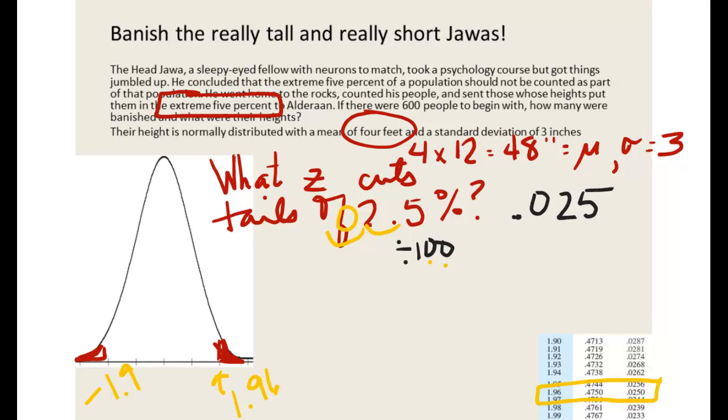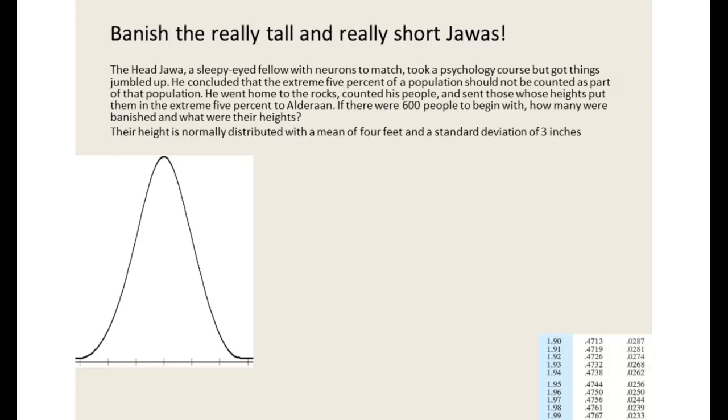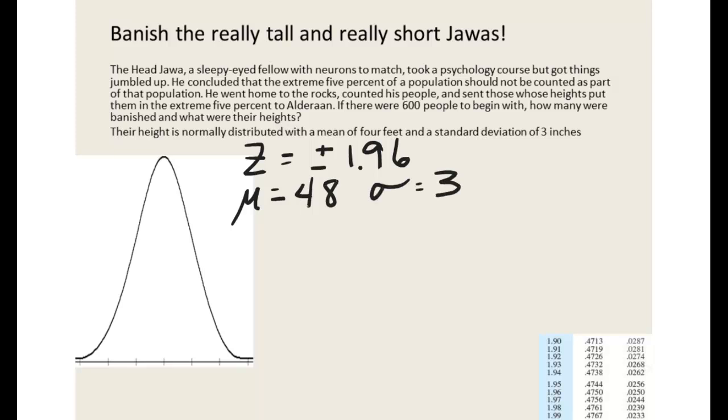On the right hand side that would be a positive 1.96, and on the left hand side a negative 1.96. If we're answering what height, or what score generically, is going to give us the extreme 5%, 2.5 on top and 2.5 on bottom, we need to do 2 x calculations, where x is equal to z sigma plus mu.